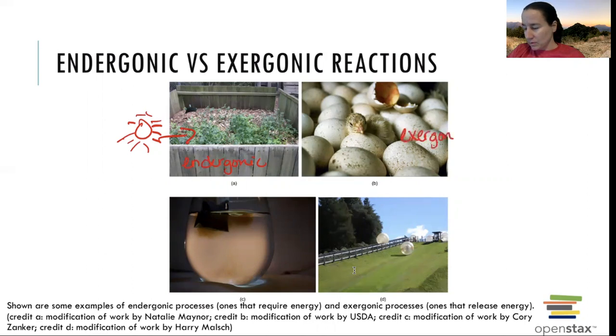I am sure it's breaking down lots and lots of glucose to power its growth. So this is exergonic, and we can see what type of movements and energy processes these are. We've got diffusion going across, and then we've got kinetic energy coming down the hill.